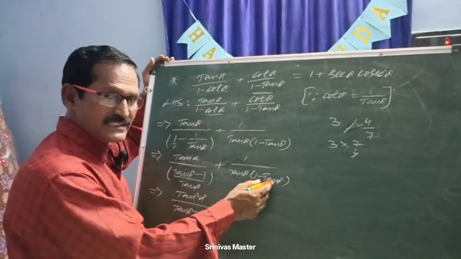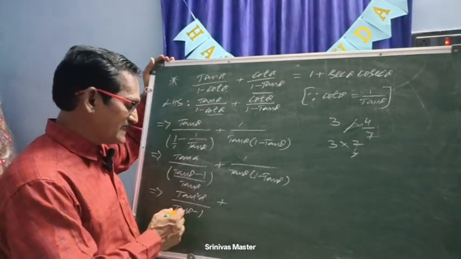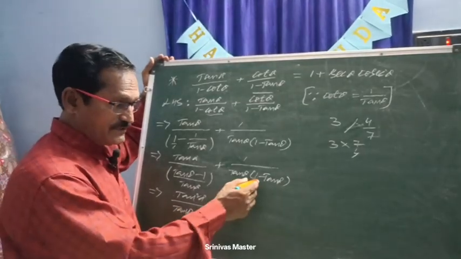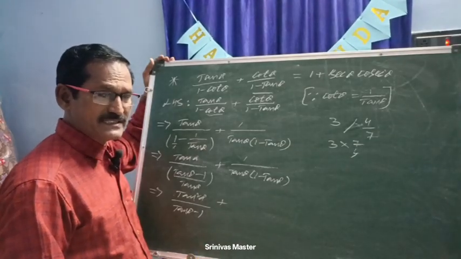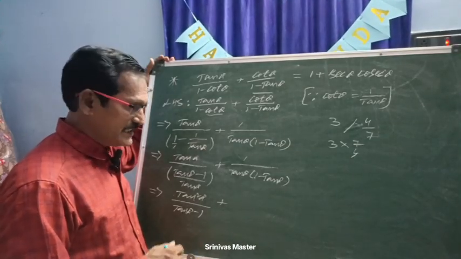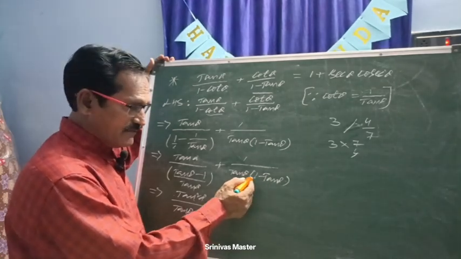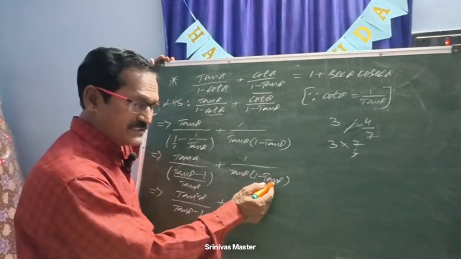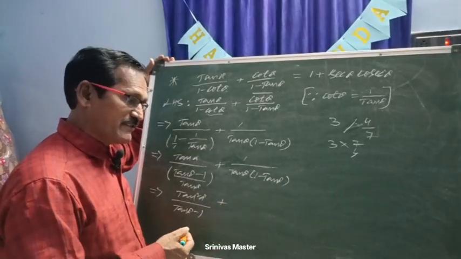Here 1 minus tan theta is the additive inverse of tan theta minus 1, or tan theta minus 1 is the additive inverse of 1 minus tan theta. Additive inverse means plus becomes minus, minus becomes plus. That means if you take 1 minus tan theta, just listen, from this you can take minus common factor. If you take minus common factor, what will become?